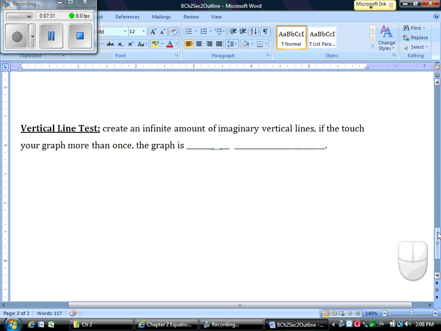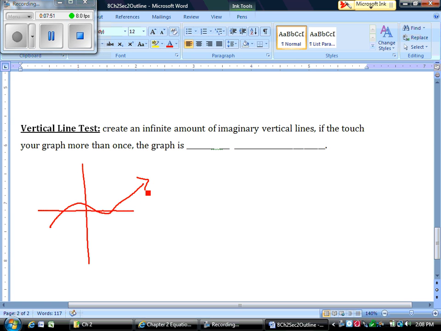Now, the last thing we need to point out here in this section is what's called the vertical line test. Okay? The vertical line test is one thing to help us on a graph to determine if it's function or not a function. You may get something like this. It'll give you a graph, and it'll have some sort of a curve on it like this, where we can't make a mapping or an XY chart or ordered pairs from it.